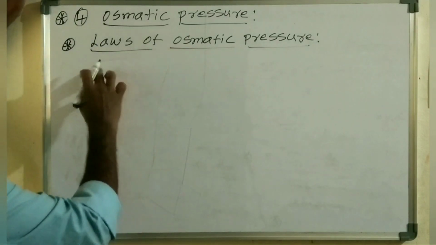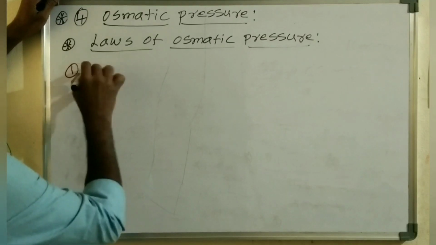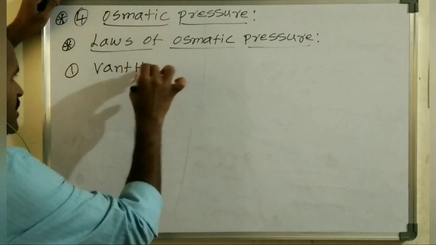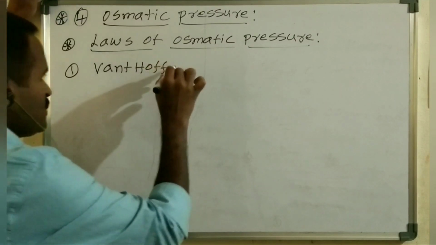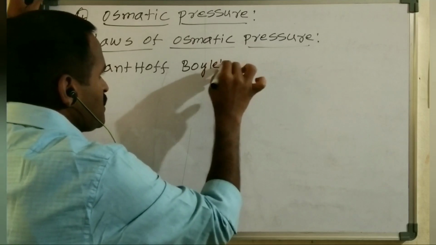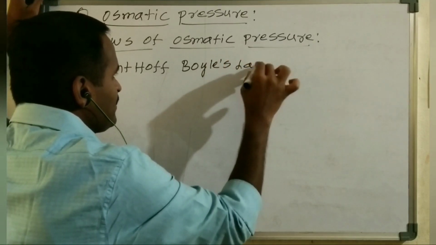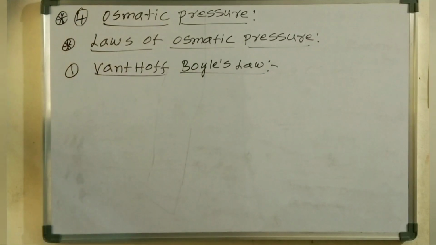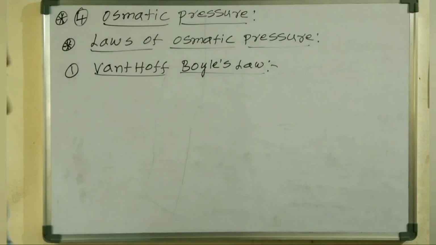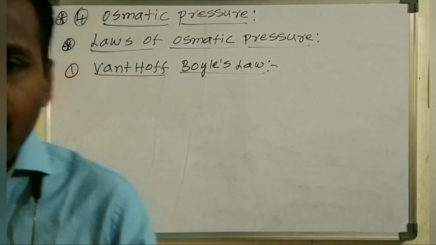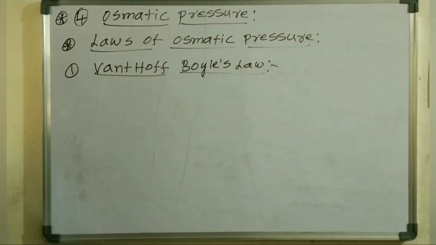The first one is Van't Hoff's Boyle's law. Simple Boyle's law says that at constant temperature the pressure of a given amount of gas is inversely proportional to its volume.